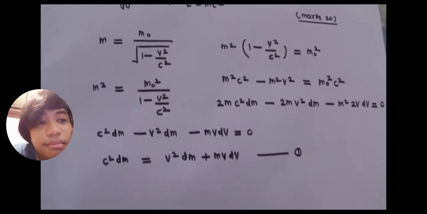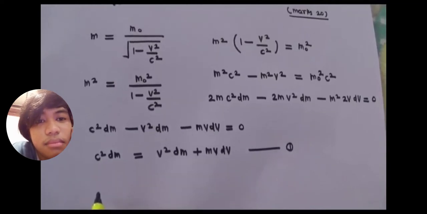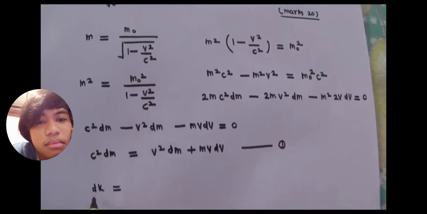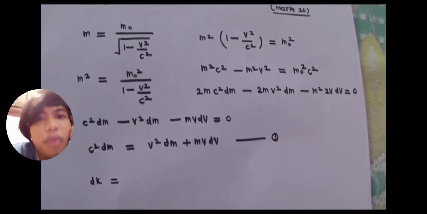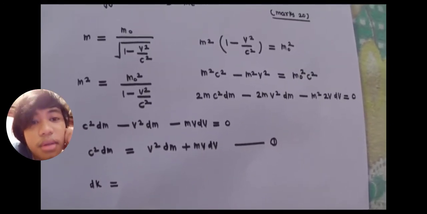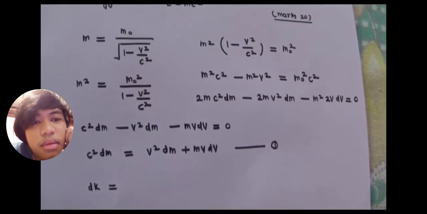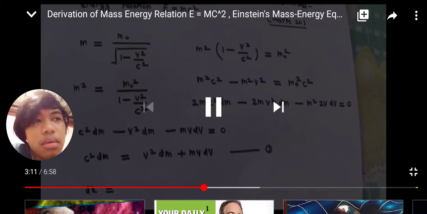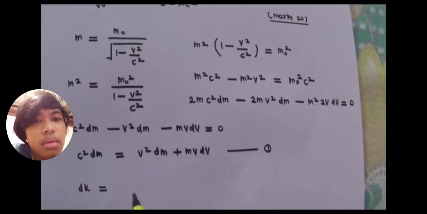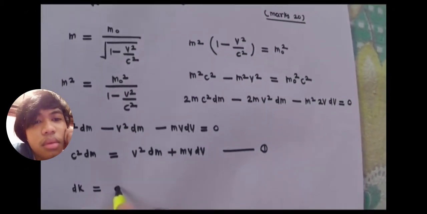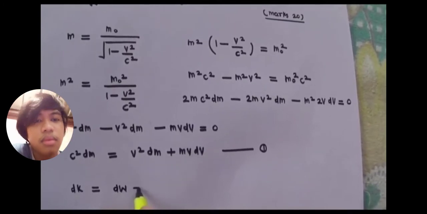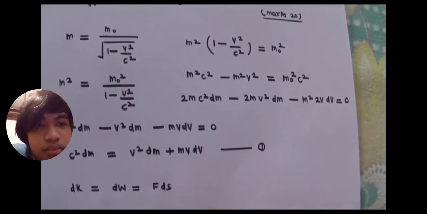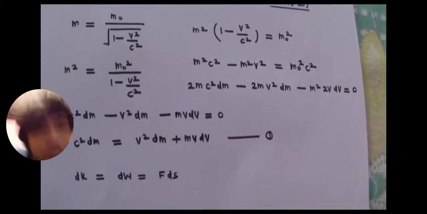Now kinetic energy dK, a small increase in kinetic energy, is equal to the work done in increasing the speed from v to v plus dv.